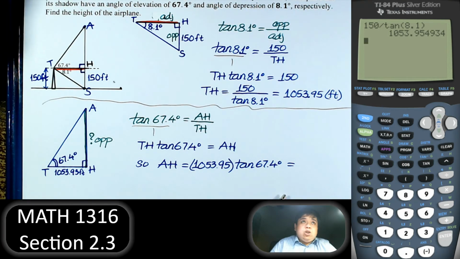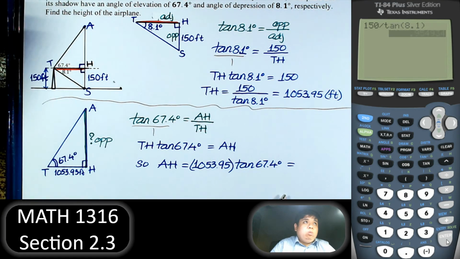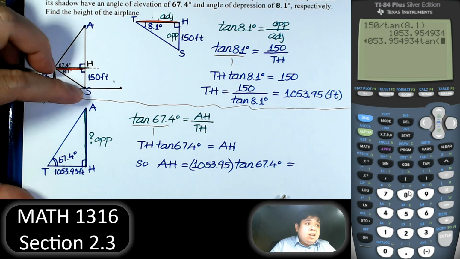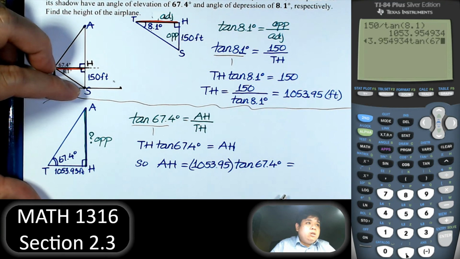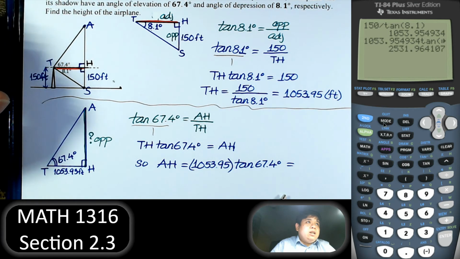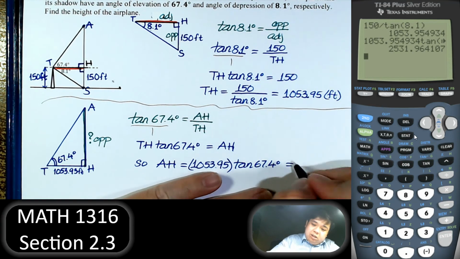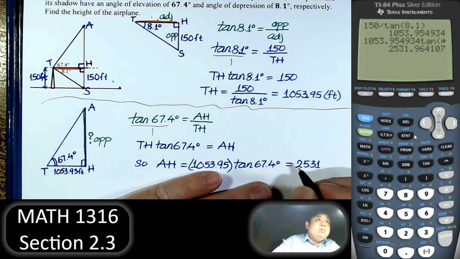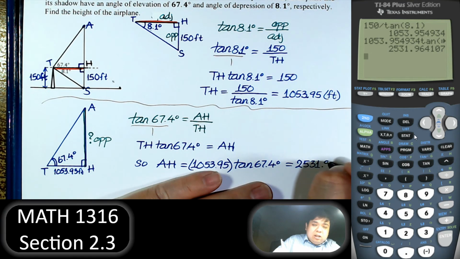Right. So once again, I'm not going to round this number. I'm using the whole number times tangent of 67.4. Yeah, it's still in degree mode. So that is 2531.96 feet.